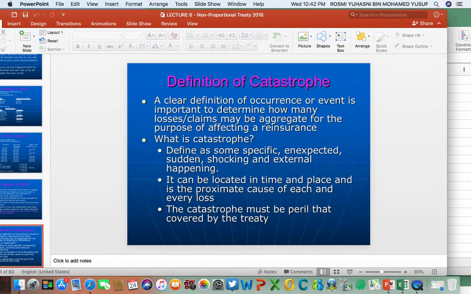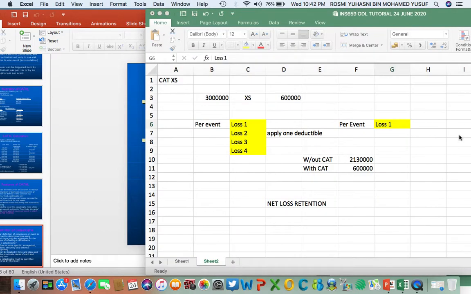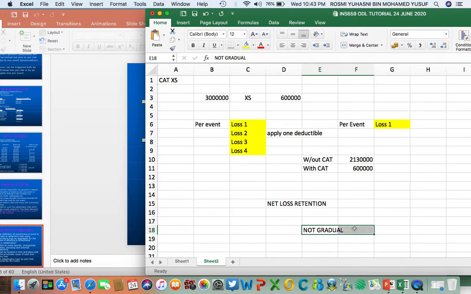Sudden. Okay, this is again very important. Sudden means it is not gradual. So for example, a gradual event which gives rise to claims.